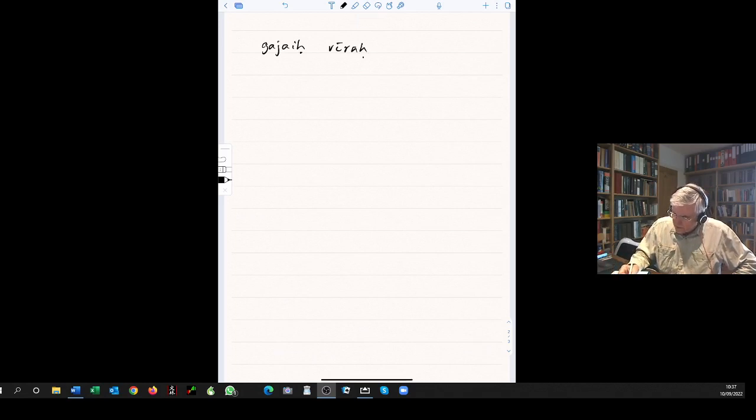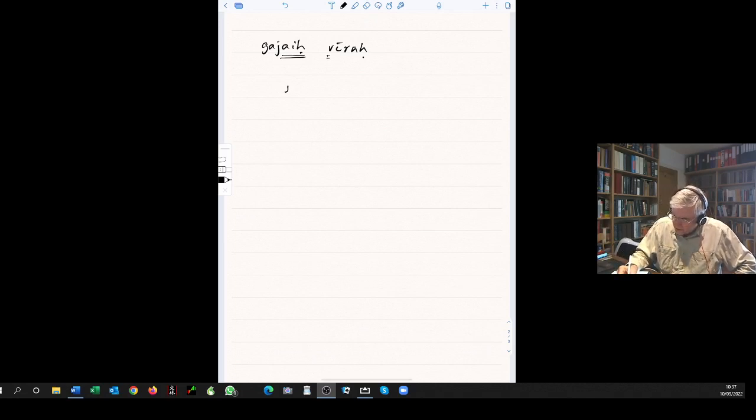Okay, so you treat the ai as a single vowel for these purposes, a compound vowel. Because it's a visarga preceded by a vowel other than a or ā, it becomes, before a voiced consonant, an r. That's why Gajair viraha.